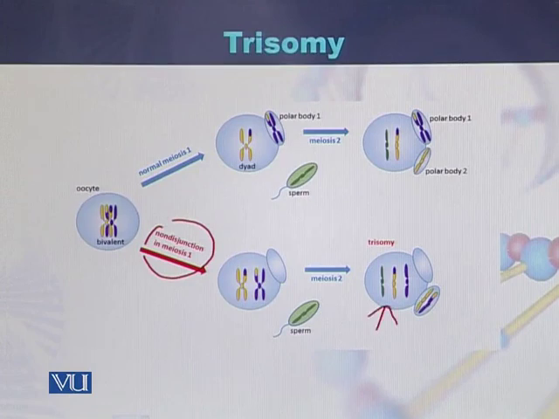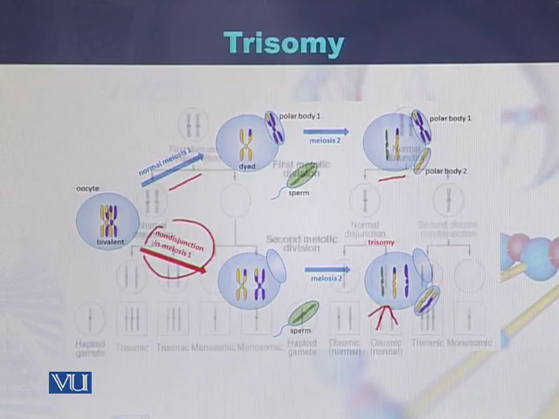Here we can see that there are 3 chromosomes. But if there is normal meiosis, then there will be 2 chromosomes. If there are 2 chromosomes, it will be a normal cell, while if there are 3 chromosomes of a particular chromosome, then that process is called trisomy.